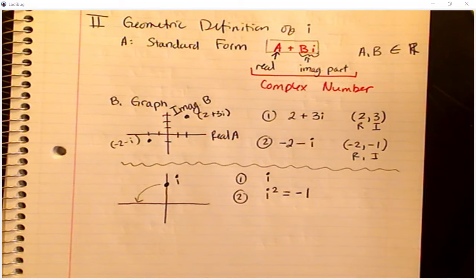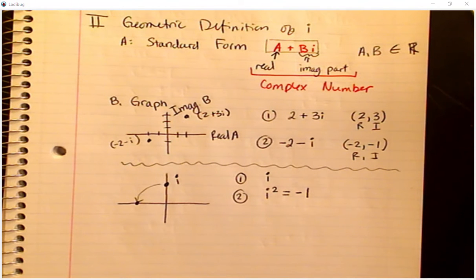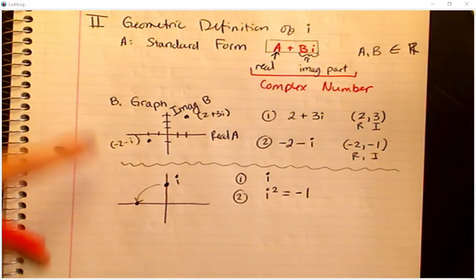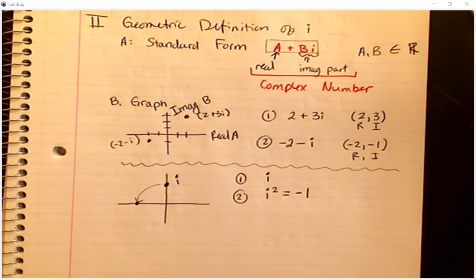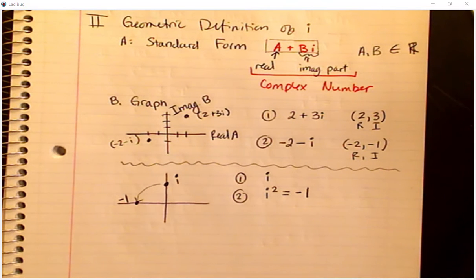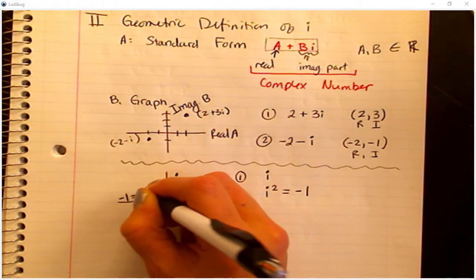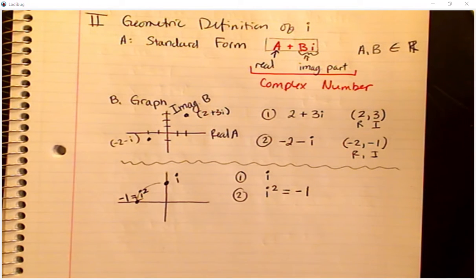Notice how that position rotates 90 degrees. This is more of a conceptual understanding of what i is. The actual algebraic manipulation and operations are pretty straightforward, but understanding what i is is a little bit trickier. So this is -1. Now I'm going to put equals i squared here because it's going to be useful.